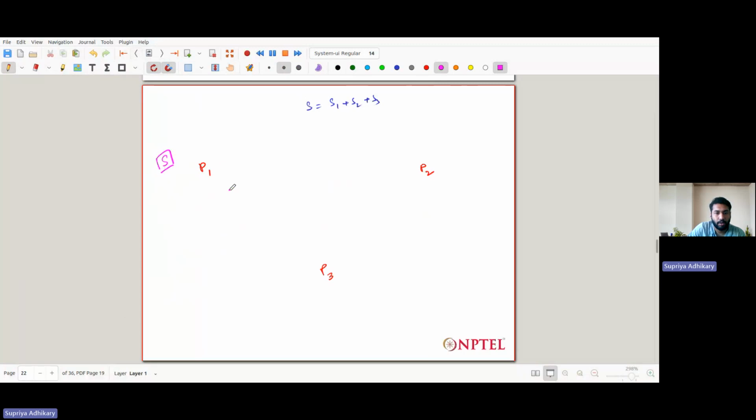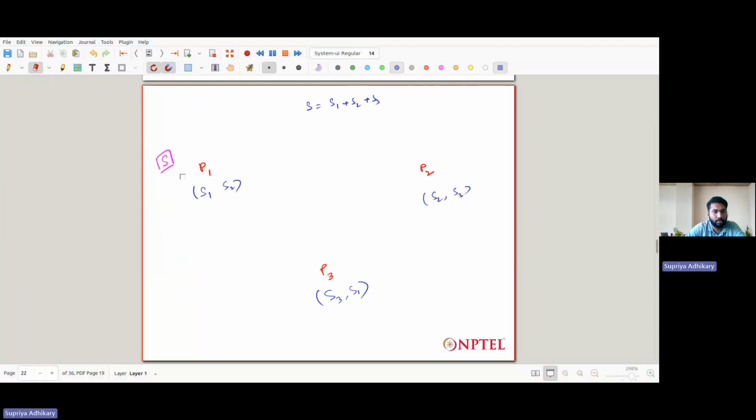So P1 wants to generate S1, S2, and S3 such that P1 holds S1, S2, P2 would hold S2, S3, and P3 would hold S3, S1.